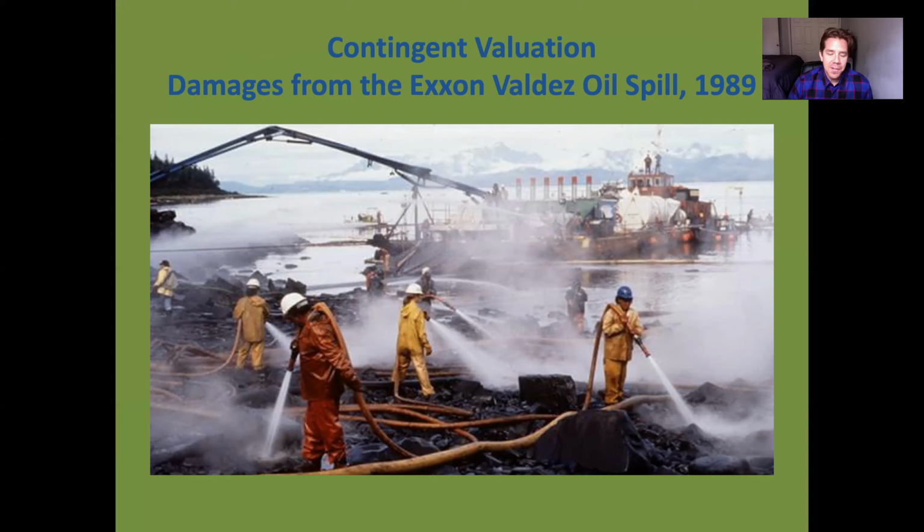The challenge is that this is a pristine area. There's a picture there. There's not a lot of development. There's not a lot of urban areas. There's not a whole lot of people, right? This is wilderness. And so it's difficult to determine the cost of this oil spill, right? Because you would imagine, and we've had oil spills in the Gulf of Mexico, near Louisiana.